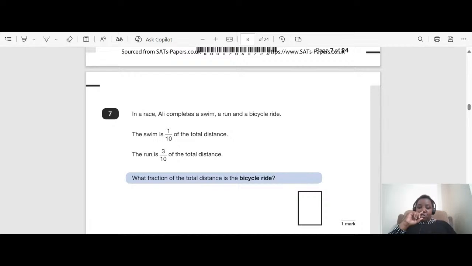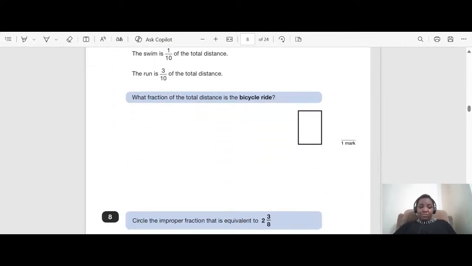We can see that the swim, the run, and the bicycle ride sum up to give us the total distance. So the total distance is 10/10. And then the bicycle ride will be 10/10 minus 3/10 minus 1/10. And that gives us 6/10, or 3/5.